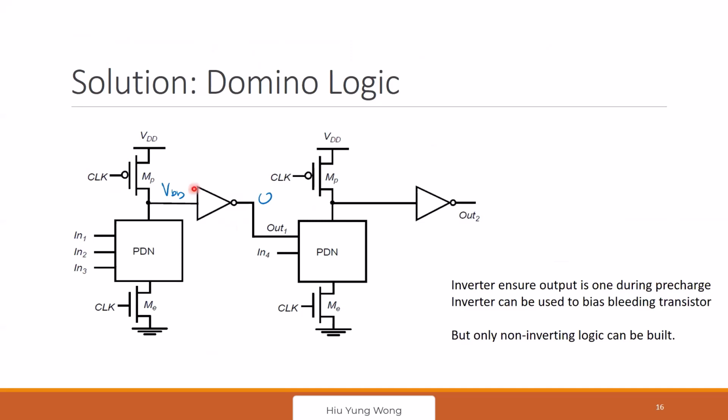So by doing the inverter, what do we do when we pre-charge? We pre-charge to VDD, but actually the output is 0. So we avoid any turning on of the next stage. If it is 0, then we don't turn it on. It won't affect the next stage. But if this one turns out to be 0, then the output will go up to 1, then it will evaluate. So you don't have the problem.